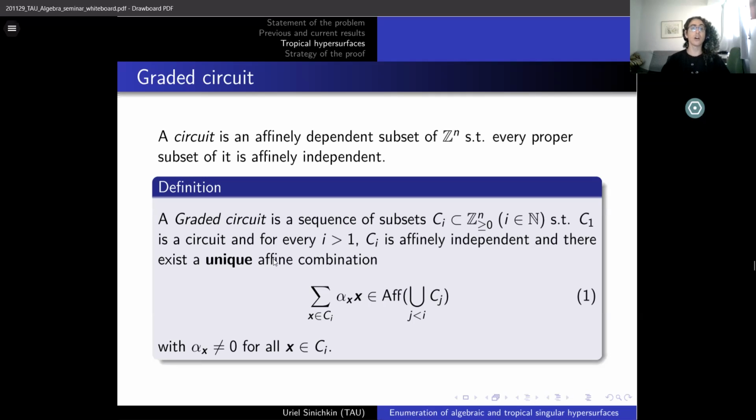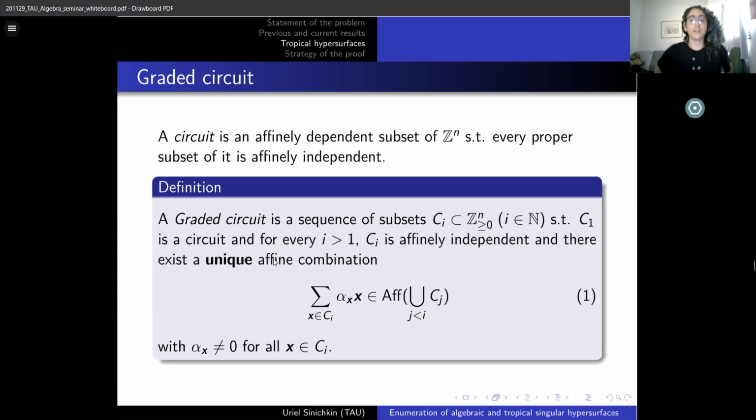So first recall what a circuit is. A circuit is an affinely dependent set of Z^n whose every proper subset is affinely independent. And this means that there is only one affine dependency up to a scalar.